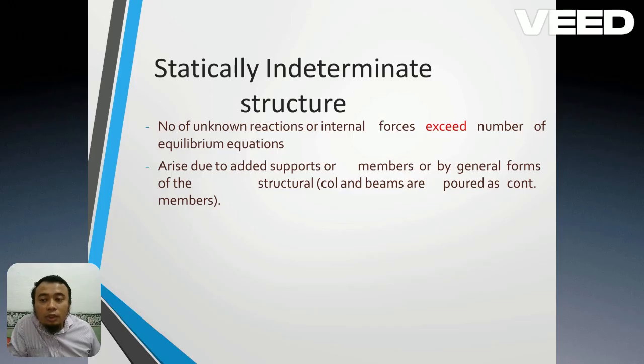When you add support, like in the previous slide, to make the structure stable, the structure becomes statically indeterminate. Statically indeterminate structures arise due to added supports or members, or by the general form of the structure. Columns and beams are put as continuous members.